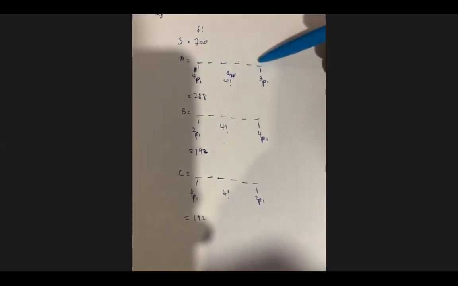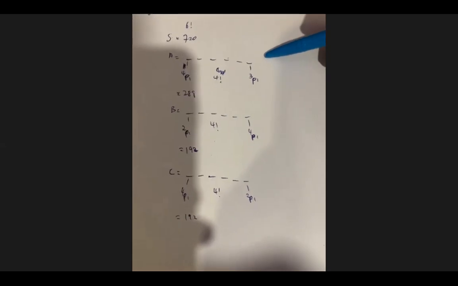The first one they ask for consonant and the last one also consonant. So use 4, because there are 4 consonants for the first one, 4 P 1. And then the last one, because 1 consonant has already been taken by the first one, only 3 left. So 3 P 1. And then the rest is 4. So just multiply all of it, then get 288.